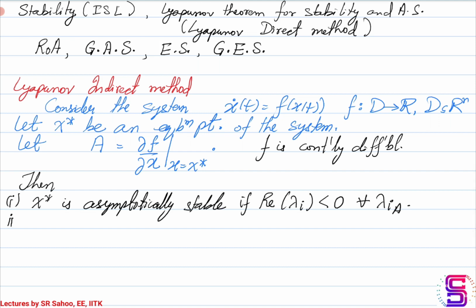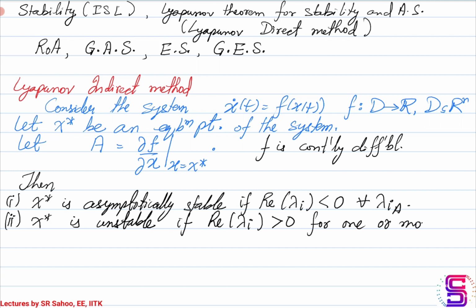If that is the case, then x star is asymptotically stable, and x star is unstable if the real part of the eigenvalue of A is greater than 0 for one or more eigenvalues of A. So if for at least one eigenvalue the real part is positive, then the equilibrium point is unstable, and we had already seen this in some form in the previous lectures.